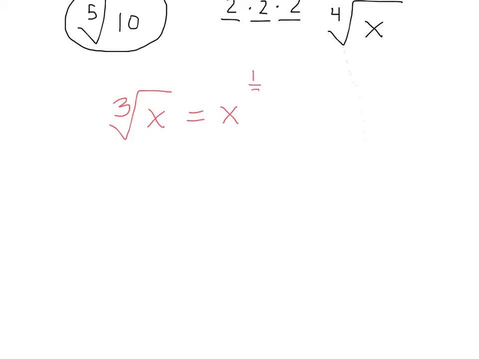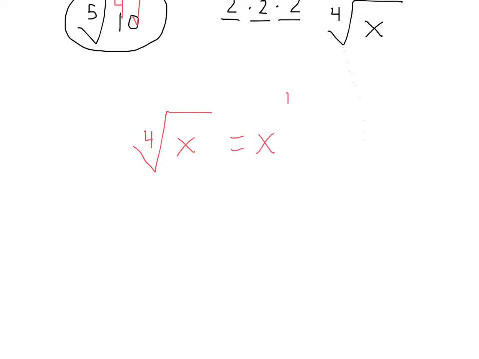The 1/3 power. If I have the fourth root of x, I wrote that wrong. If I have the fourth root of x like this, that's the same thing as x to the 1/4 power, right? And so if I asked you, what is the fourth root of, say, 11?